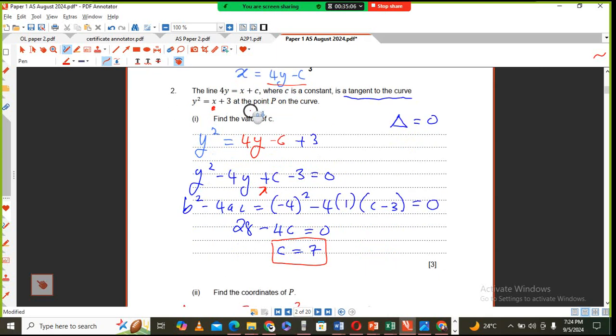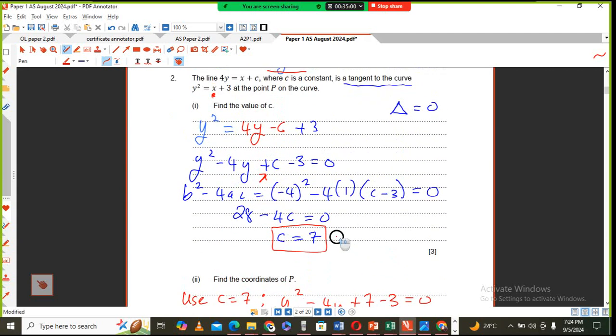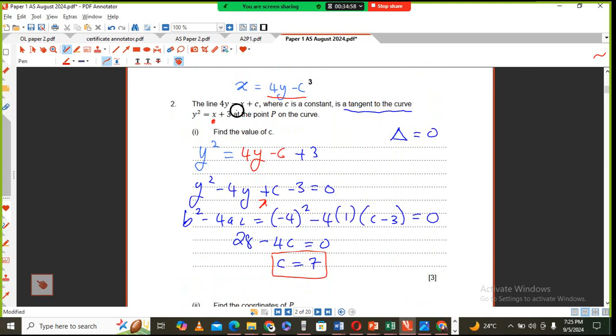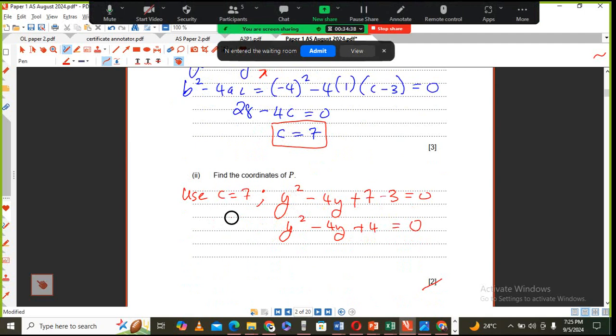We have now substituted into the y squared minus 4y plus c. Can we substitute into the other one? How will this other equation help us to find the value? Because this becomes quadratic, which means we have to solve the quadratic now.